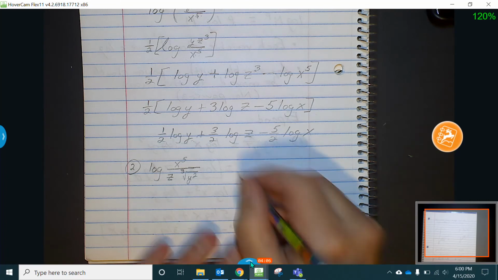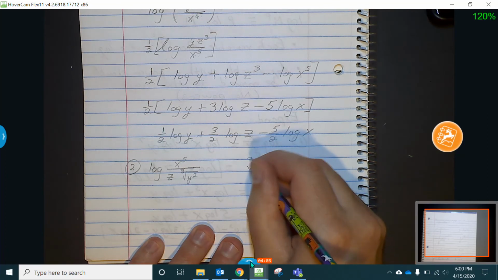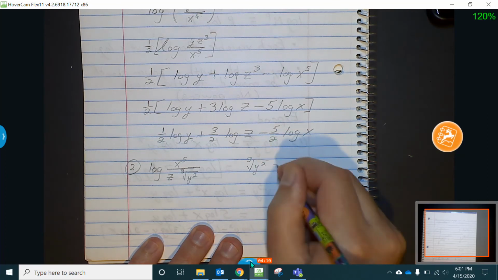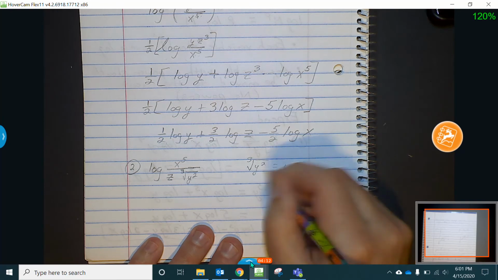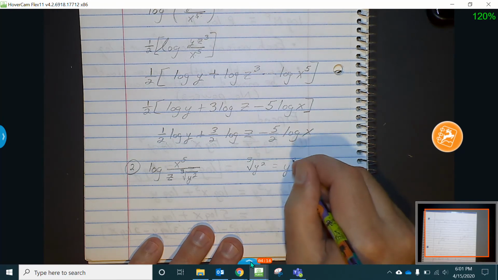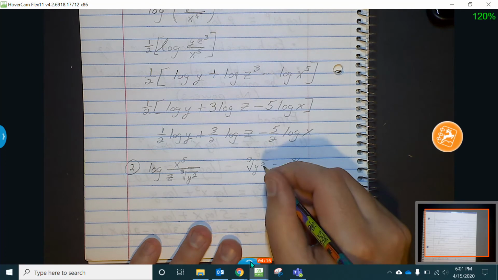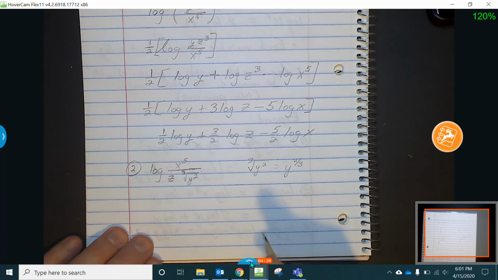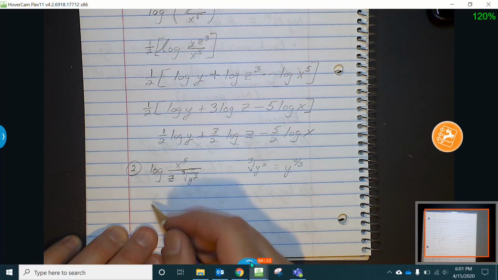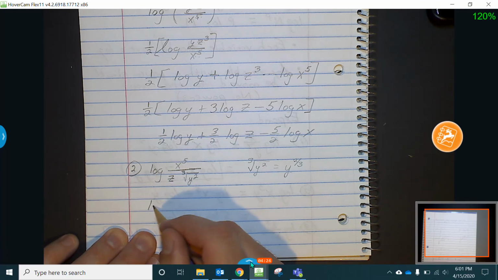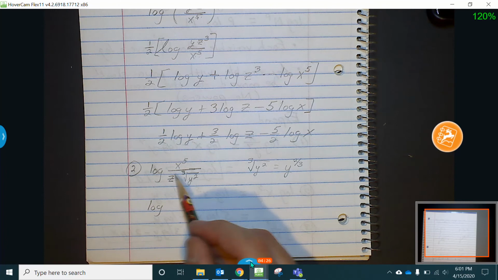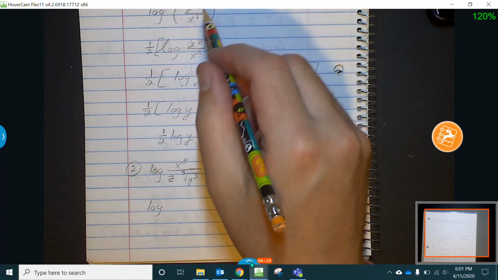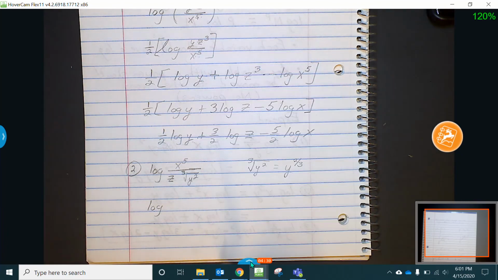Remember, the cube root of y squared is going to be y to the 2/3, inside over outside. So the power over the index, but I just go inside over outside. So I'm going to break this down. This whole thing isn't raised to the power like the previous problem over here.